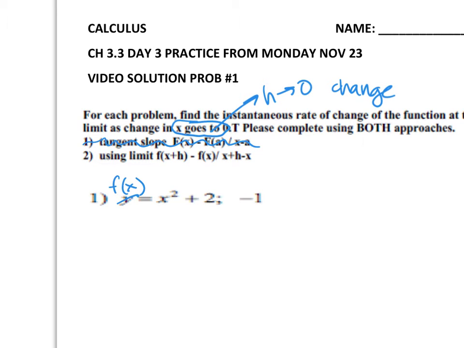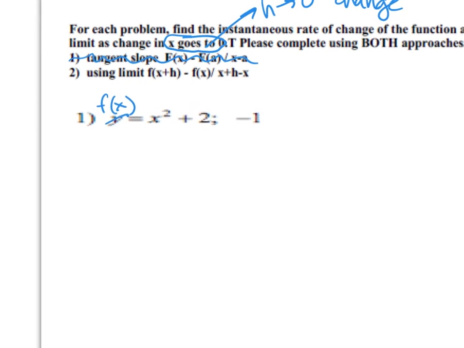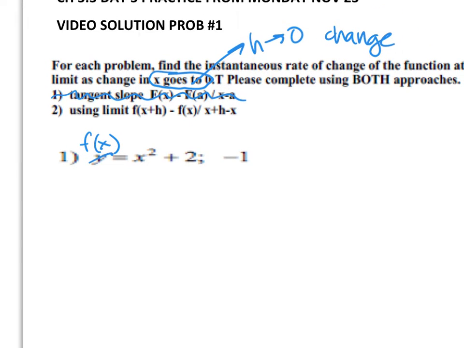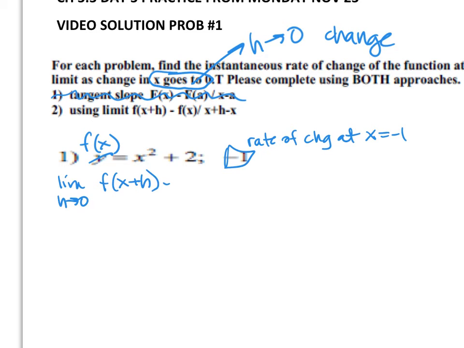All right, so what we are doing is finding the rate of change at this value, so at x is equal to -1. In order to do this, we are doing our limit as h goes to 0 of the function with that change, subtract the function, all over the b minus the a.